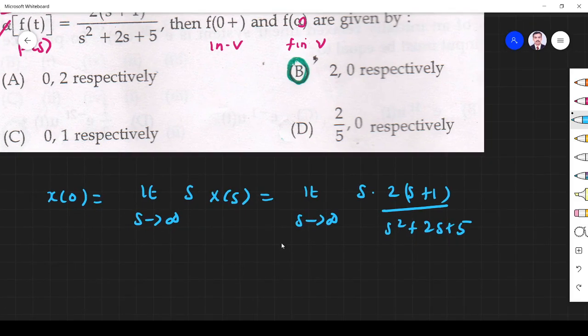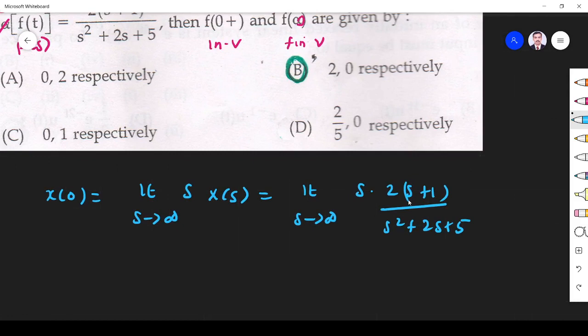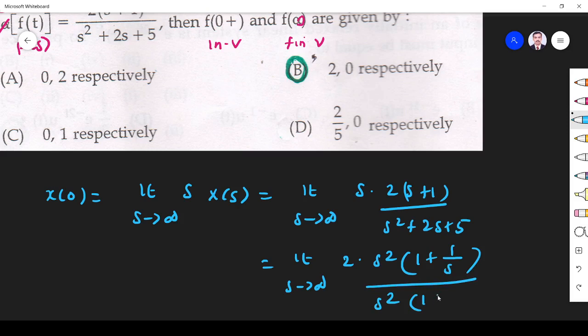If you substitute infinity by infinity, it will be indeterminate. So you should not do that. Take s outside. So limit s tends to infinity. This 2, constant, take it outside. So s into s times (1 plus 1 by s). From the denominator, take s square outside, so 1 plus 2 by s plus 5 by s square.